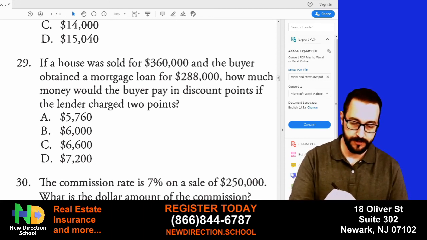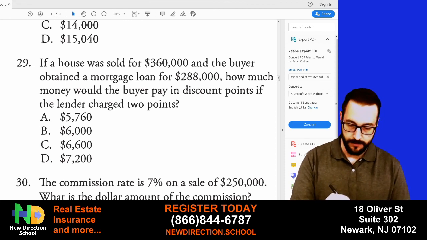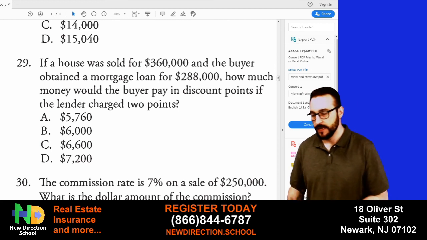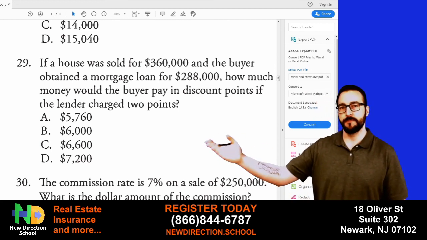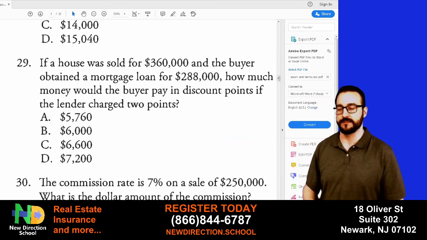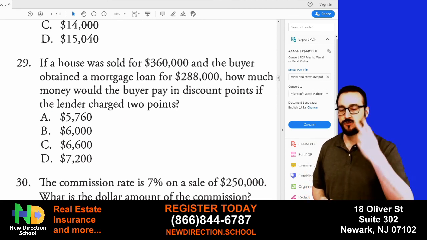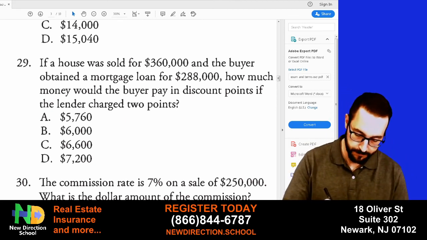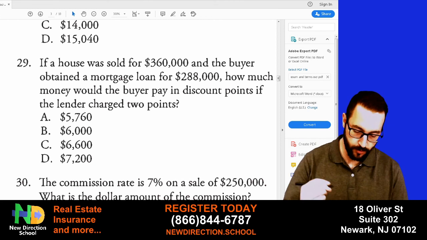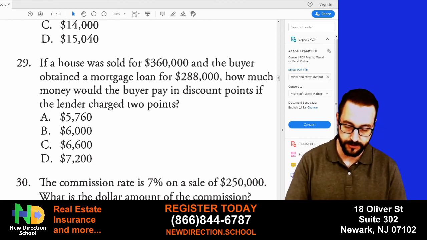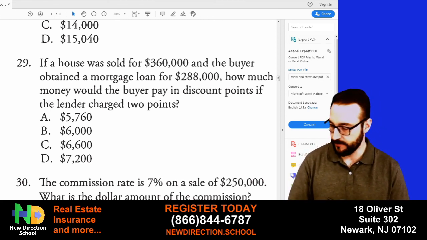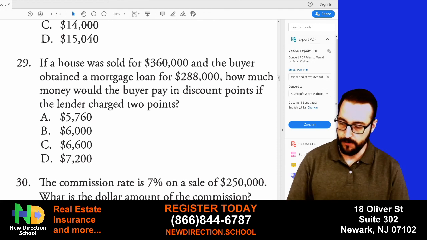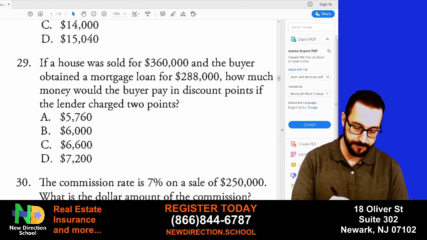So purchase price and loan. How much money would the buyer pay in discount points if a lender charged 2 points? 2 points, right? And I'm going to show you guys how I do it every time. The question was, how much would they pay in points?